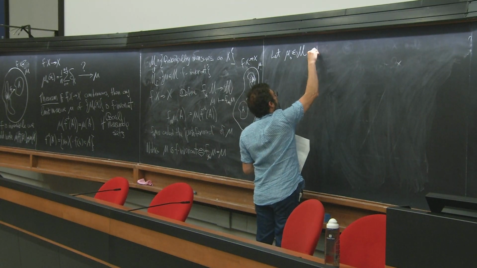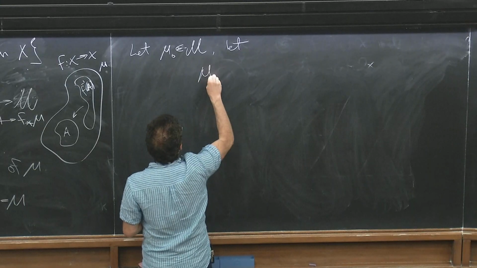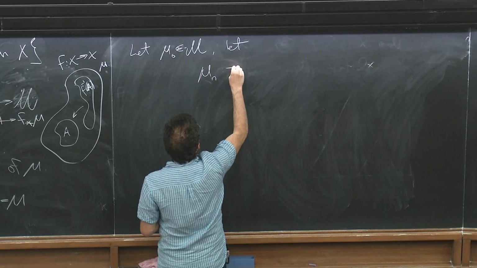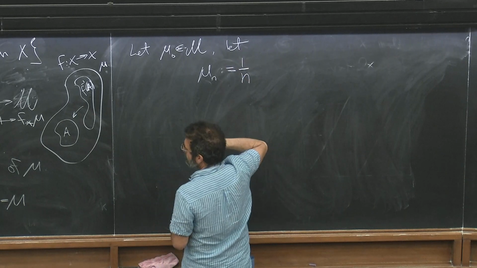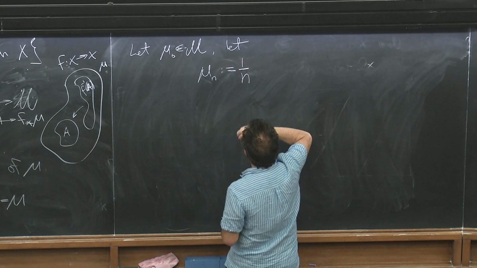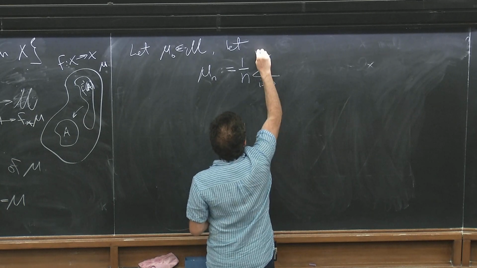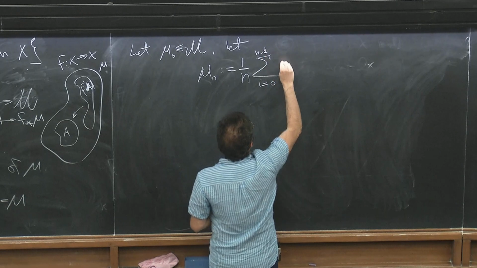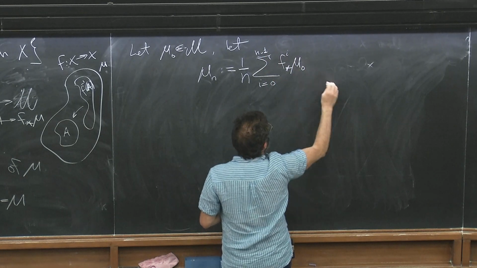Then define a sequence of measures mu n, which are the averages of fi star mu0.